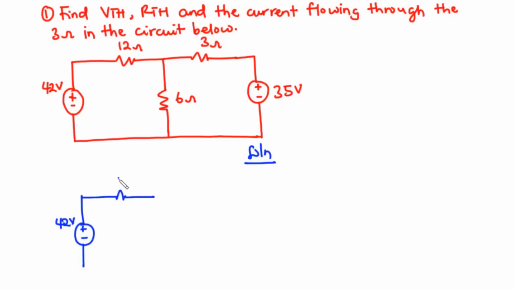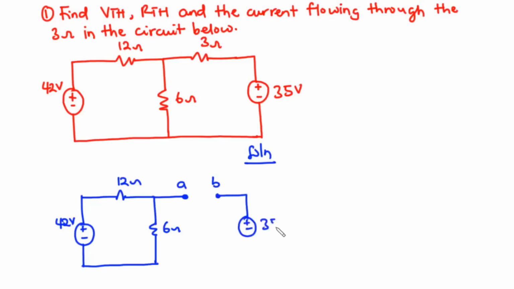We have this resistor to be 12 ohms. We have this one to be 6 ohm, and then we are going to remove the 3 ohm resistor and mark the terminals as A and B. We have the 35 volt source and then we complete the circuit. So we call this VTH, that is the open circuit voltage seen between the two terminals.